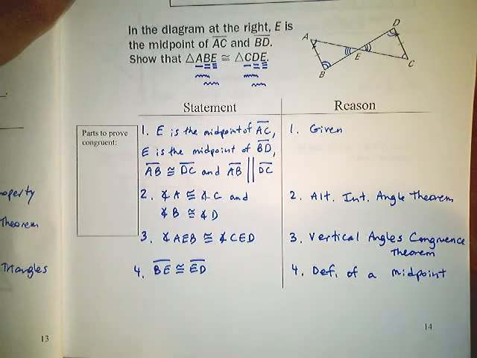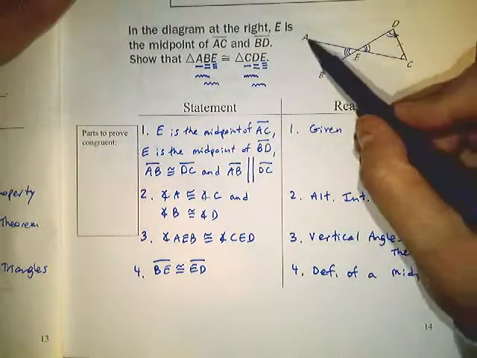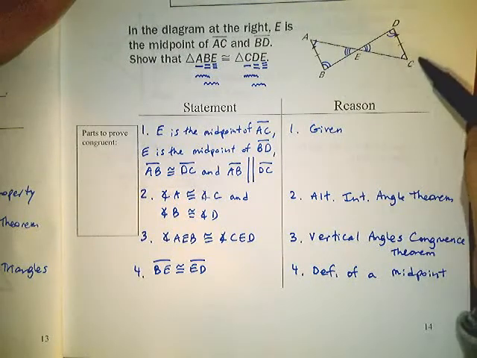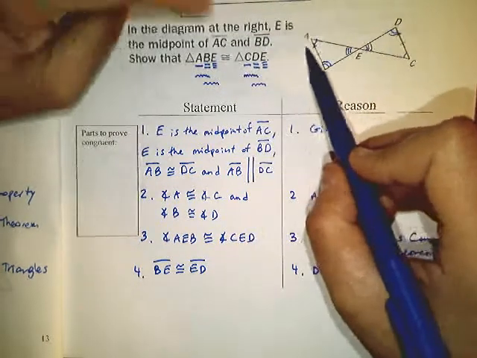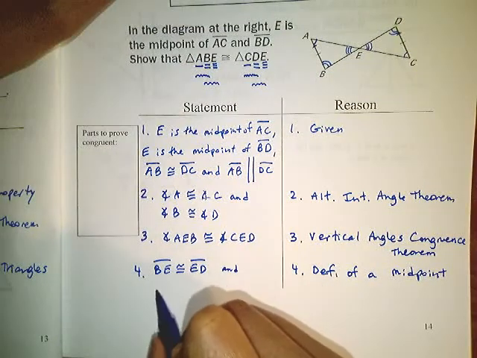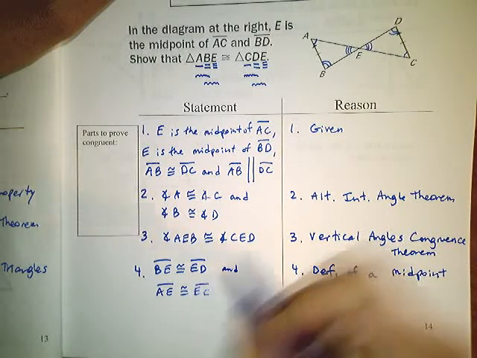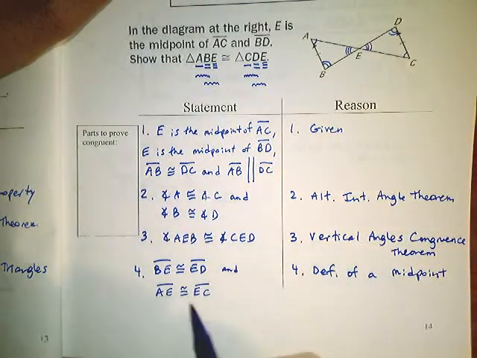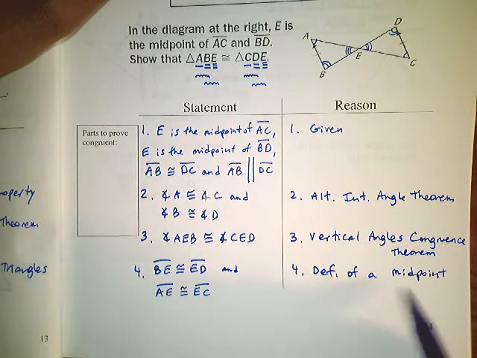And then finally, the third pair of sides that need to be shown congruent would be AE and CE. And we have basically the same theorem, right? E is the midpoint between A and C. So we can say that side AE must be congruent with EC for the same reason. So I simply added that statement onto the statement side for number 4, because the reason was the same.